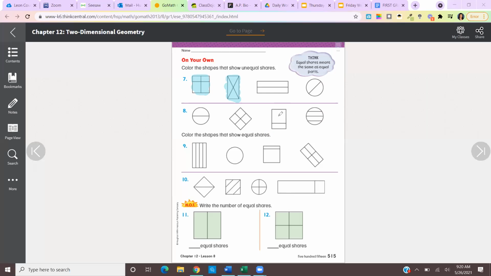What about this rectangle on number 8? Does it show unequal shares? Good job. The top share or top part is much, much bigger than that bottom part. And let's look at that last circle on number 8. Does it show unequal shares, parts that are not the same size? Great job. So we need to go ahead and color that in.